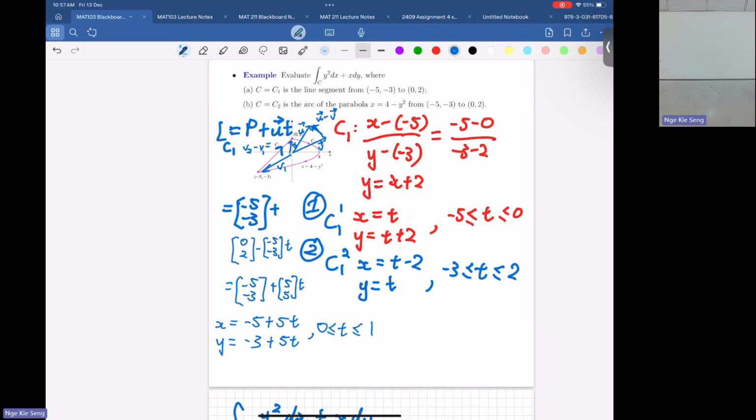That's why in the first way and second way, sometimes people just write x equals x, and in the second way, people write y equals y, because you are really using the x coordinate to parameterize it, and in the other one you use the y coordinate. And in this one you use a different way, the time starting from 0. Okay?